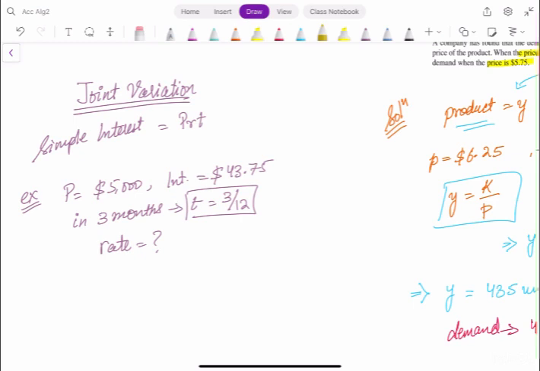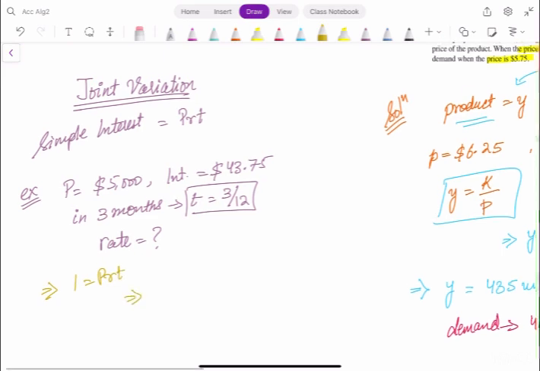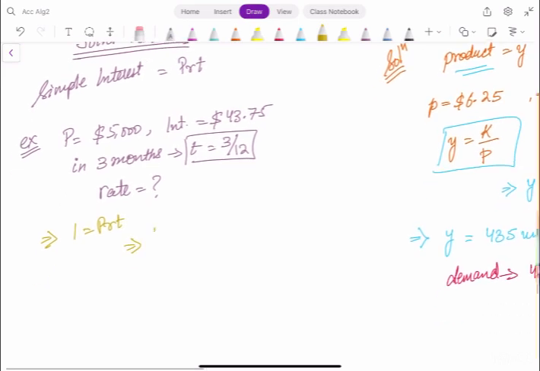So there is some interest we are earning, which is $43.75 at a rate which is unknown on the principal. So I is equal to PRT. Interest is 43.75. I know the principal, but I don't know the rate. And the time is 3 over 12.